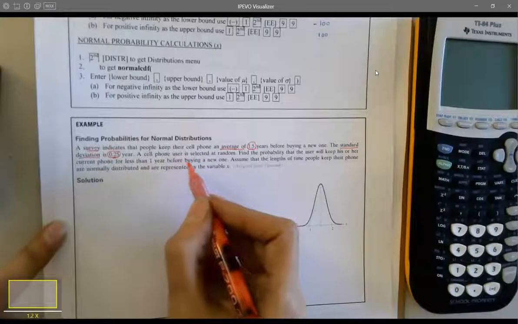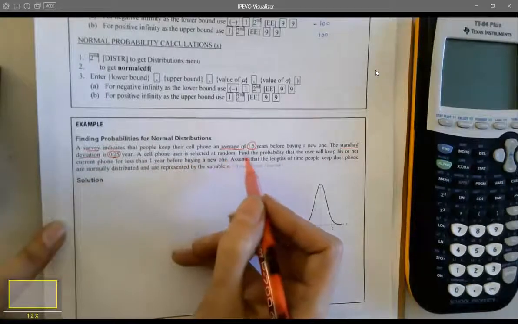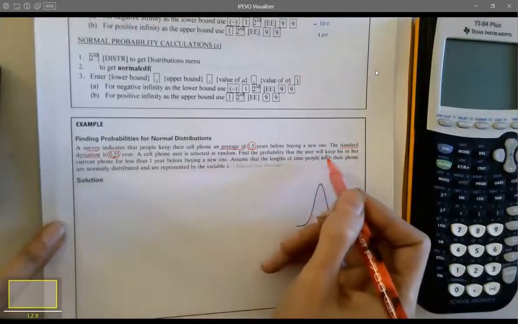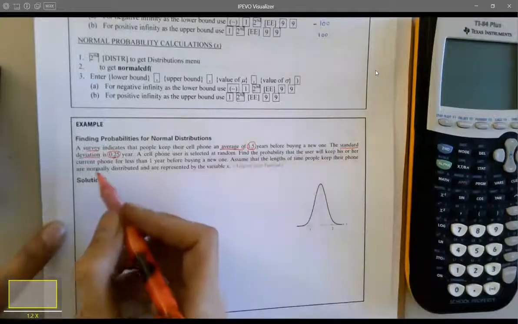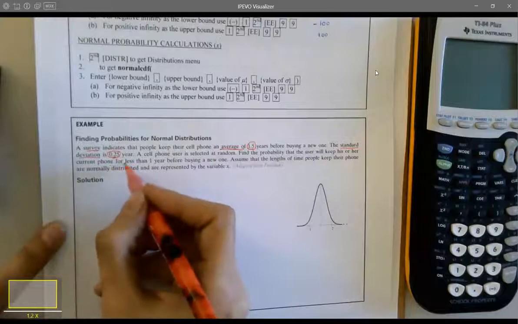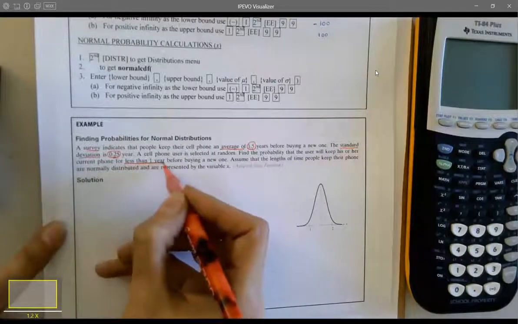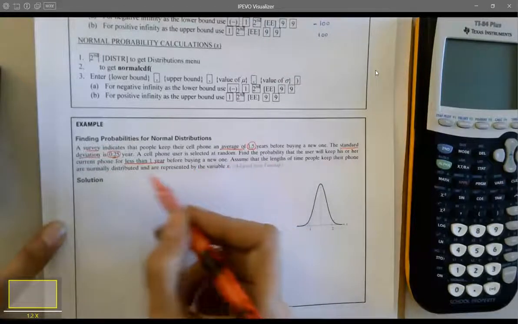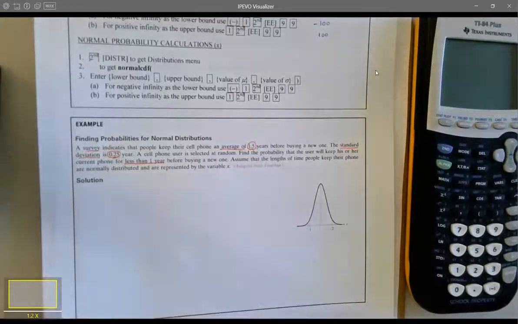Well, a cell phone user is selected at random. Find the probability that the user will keep his or her current phone for less than 1 year before buying a new one. And assume that you have a normal distribution. So what are we looking for?